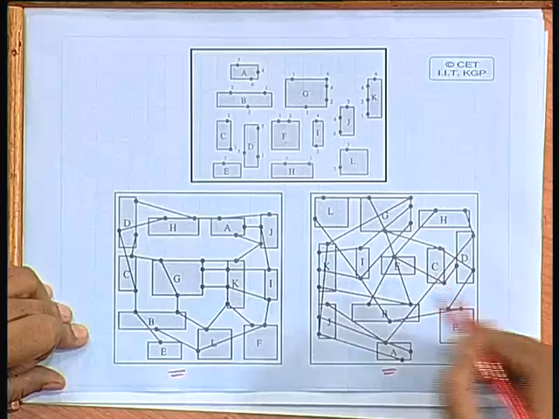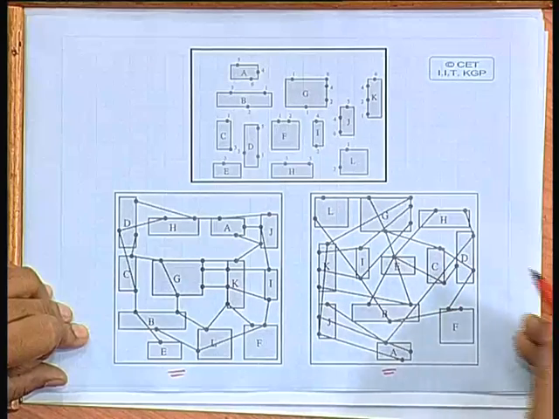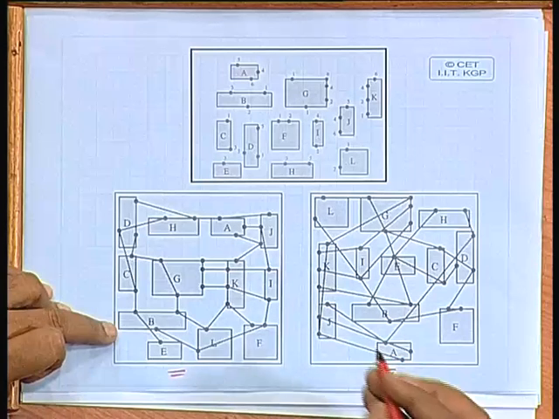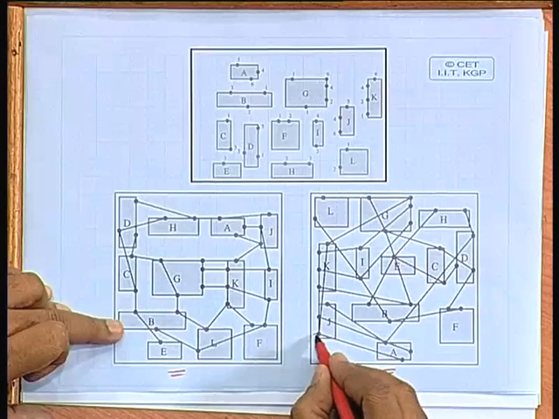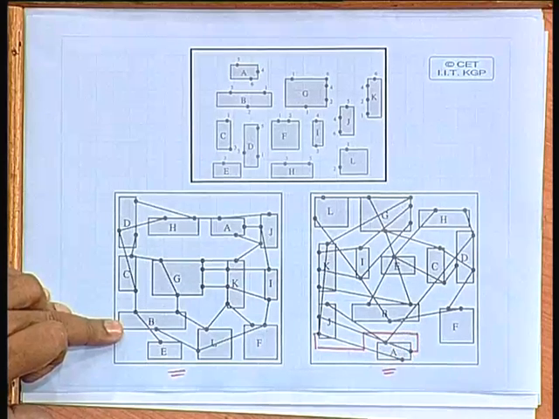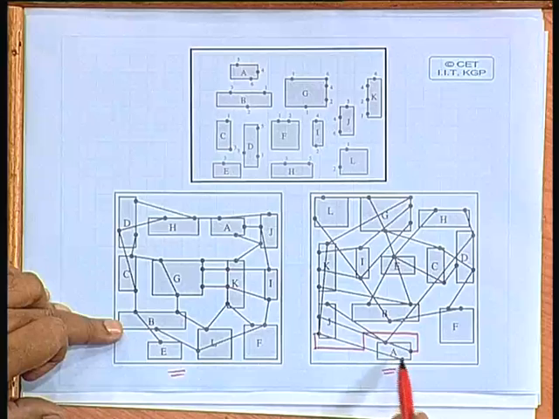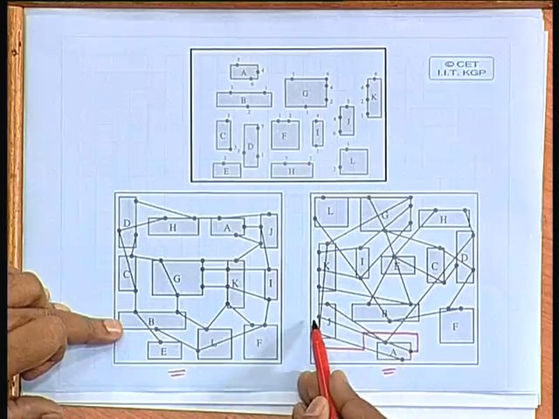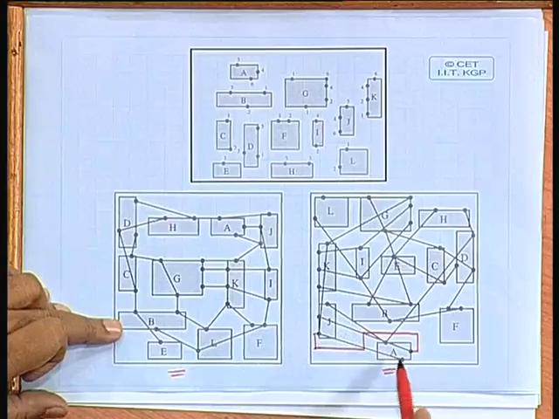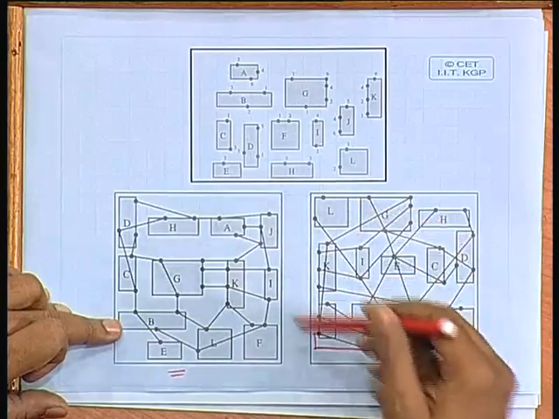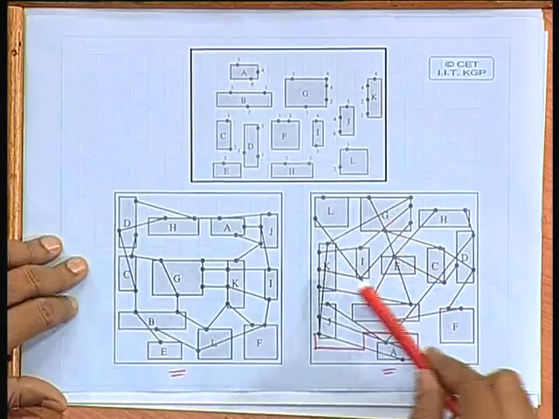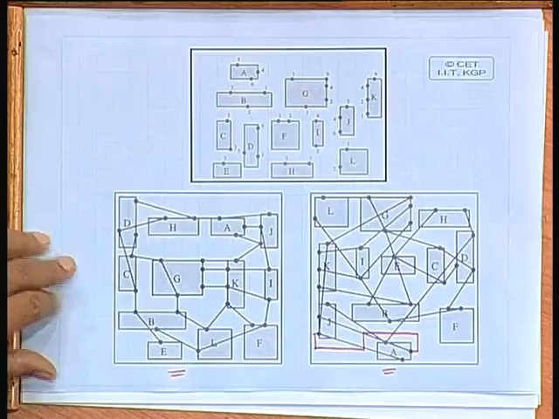For instance, think of a line which goes from here to here, but in practice the routing line may be like this, but at the level of placement we are approximating them as a straight line connecting these two points. We will see that there are ways of estimating the length of the interconnecting line, but this will give you a fair idea regarding how difficult the routing will be in the next step.